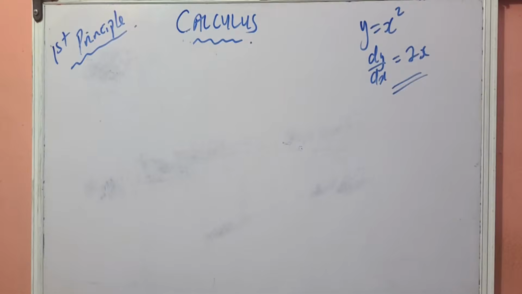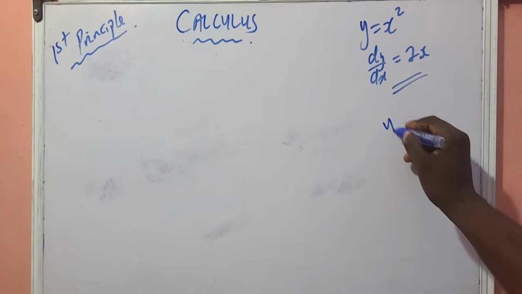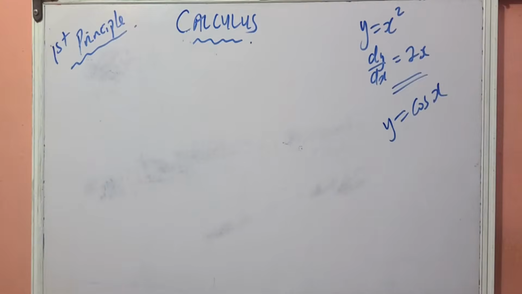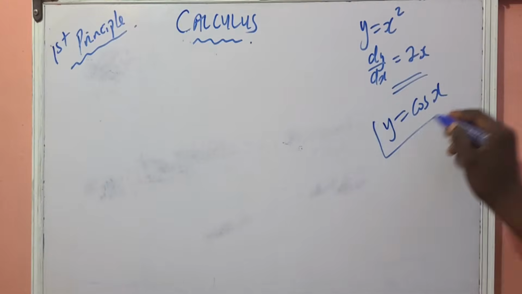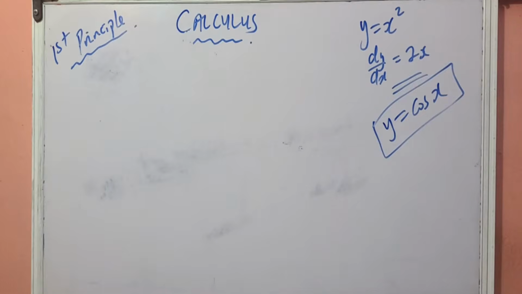So we'll be starting with the basic aspect of applying first principle, and then we'll go on to solve questions around circular functions using first principle, which I'm sure are the kind of questions you would be majorly asked, because when you have an exam like A-level, they want to ask you to use first principle to differentiate y equals cos x, and they say you must use first principle. So those are the kind of things you want to practice perfectly. So let's see how we go from here.